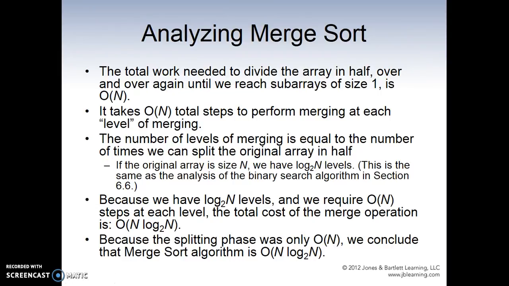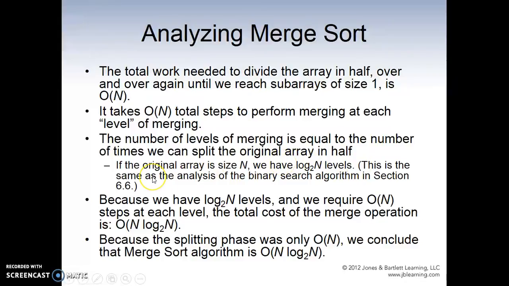The total work needed to divide the array in half over and over again until we reach a subarray of size 1 is big O of n. So it takes O(n) total steps to perform merging at each level of merging. The number of levels of merging is equal to the number of times we can split the original array in half. So if the original array is size n, we have log n levels. We've seen it in the previous image.